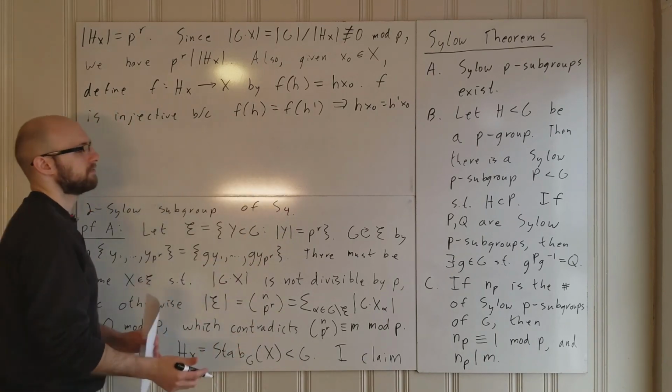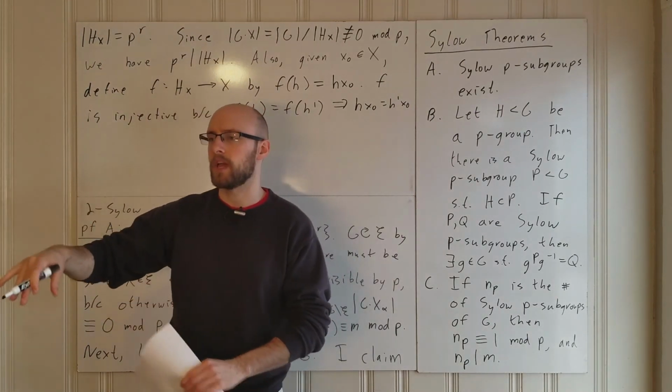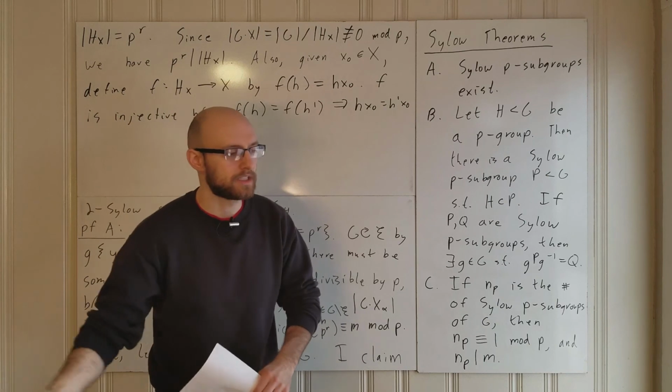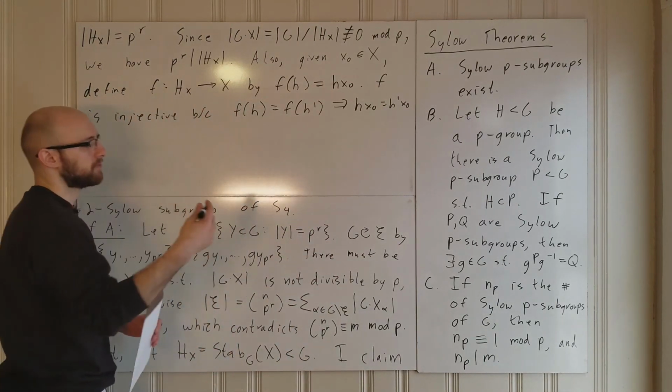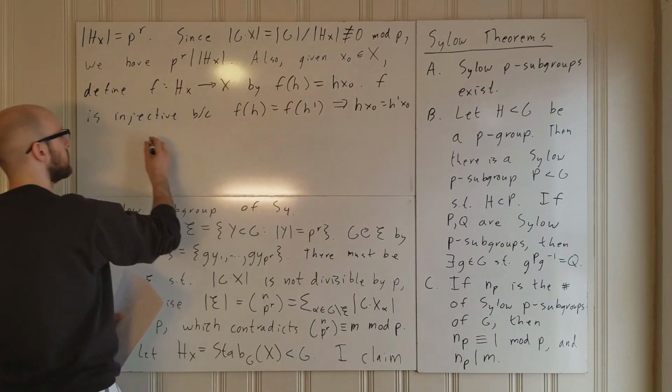And so rather, in the last case we just had our script E being subsets of some set. Here they are subsets of a group, and so x naught is guaranteed to be in a group.